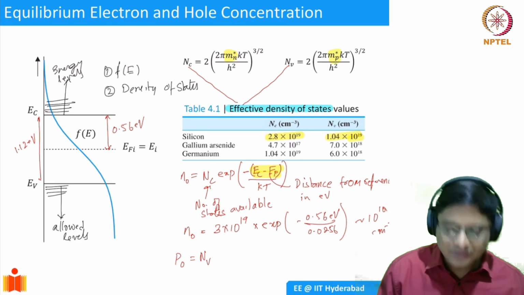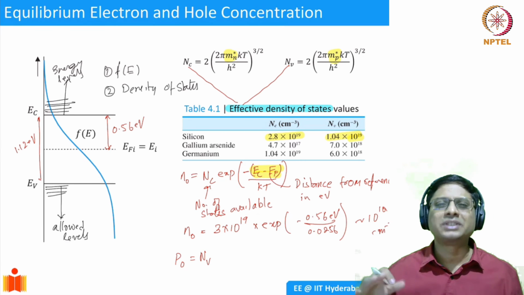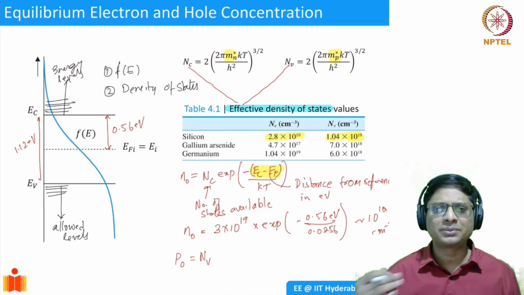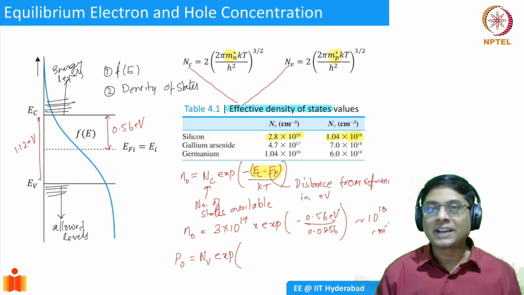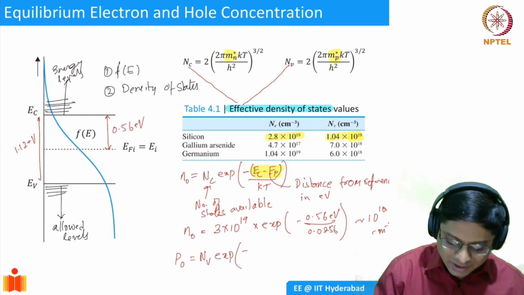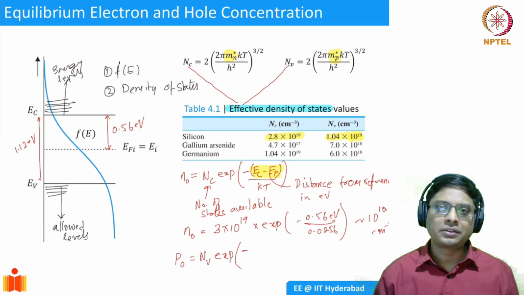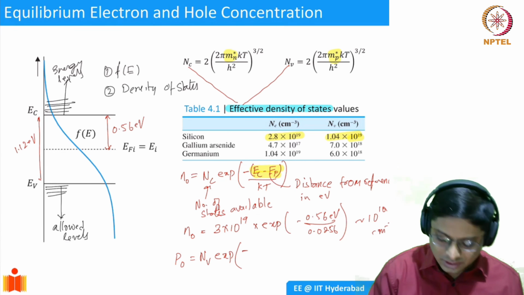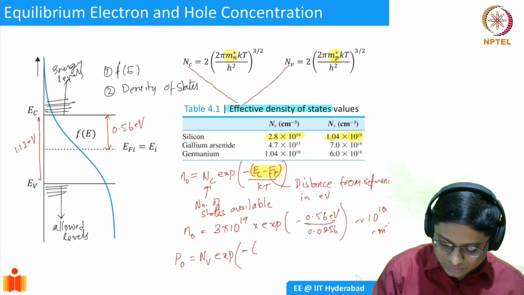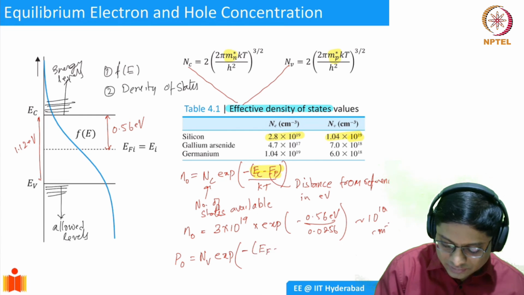That's the maximum number of states you can think of; it's not exact, but it's a sort of maximum. So the number of holes is going to be lower than that, so the exponential has to be negative. So this is going to be minus the distance of EF from the reference level. The reference level here is EV. I want to make sure that this quantity is positive, so I'll write it as EF minus EV by KT.